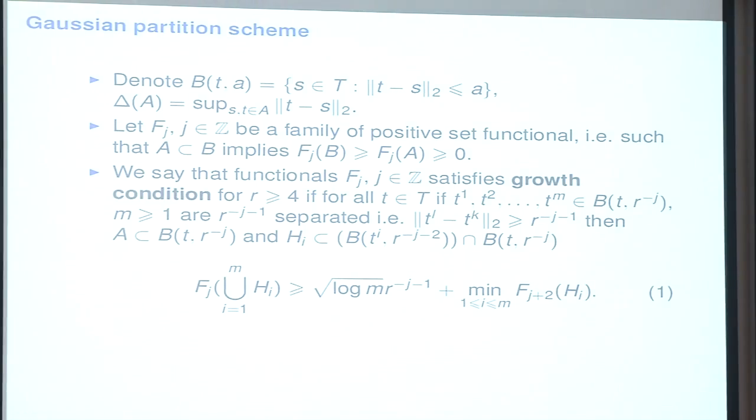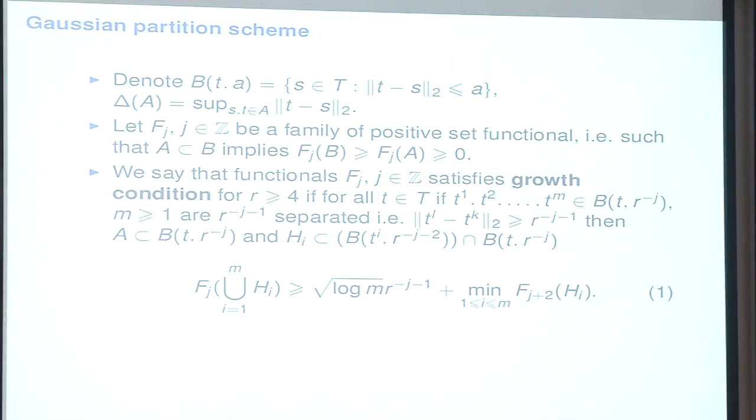If we have points that are well separated, so we know that the points are in some ball, and you should know that my ball is always intersected with the set T, because otherwise, each time I'm using this notation, I would have to cross this with the set T, and I don't want to do this.